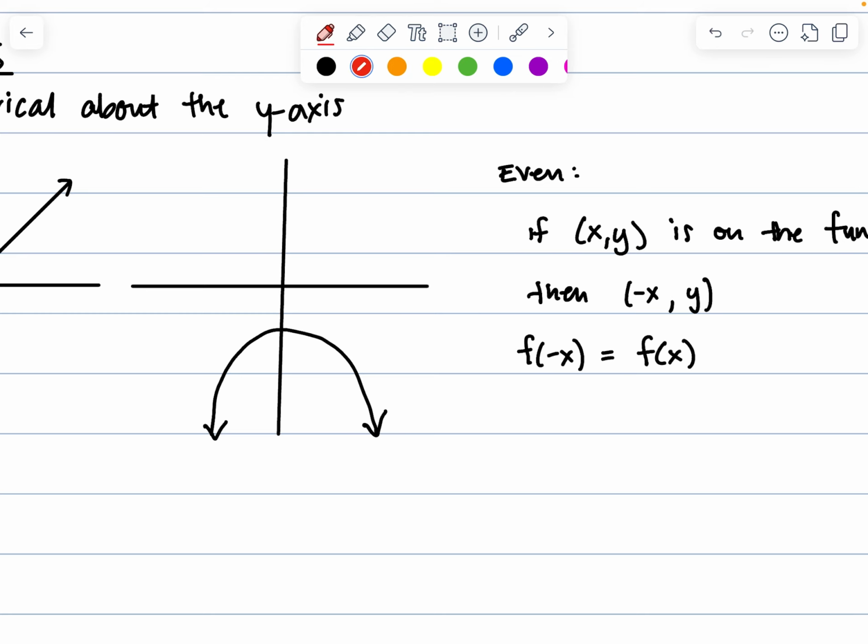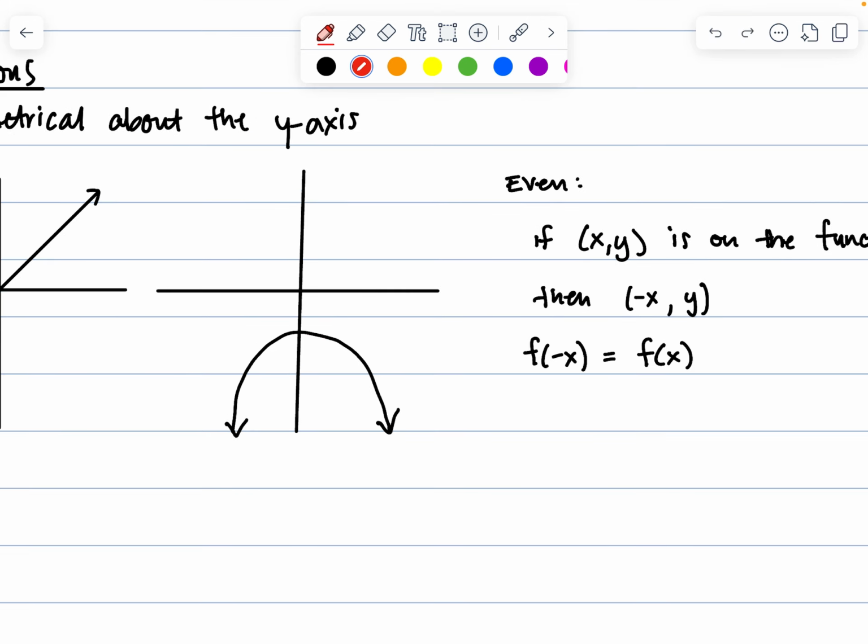F of x, let's say it's like 1 comma negative 2. When I plug in the negative 1, because that's a negative x, right? Negative 1, you'll still get a negative 2. It will be the same y value across. Okay? So you'll have the opposite inputs.